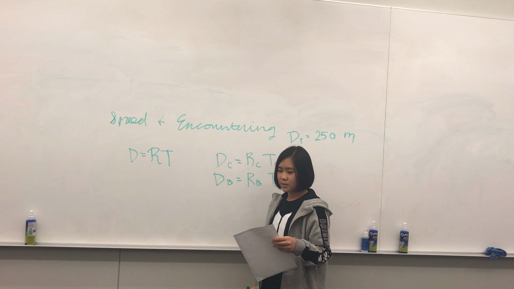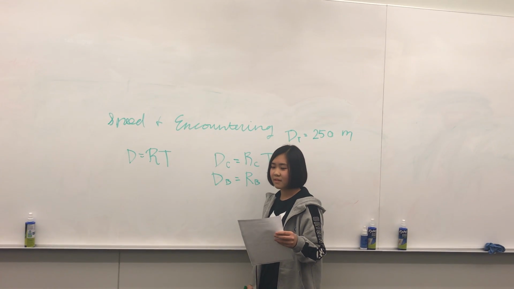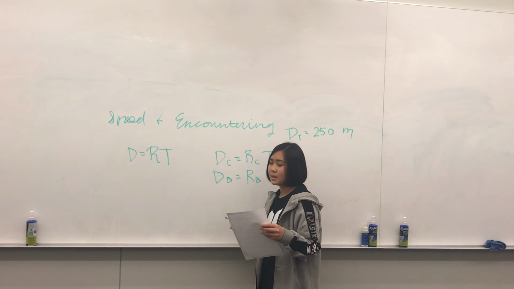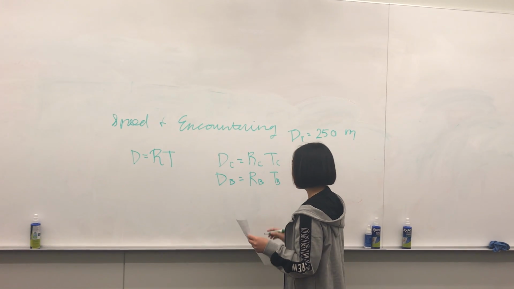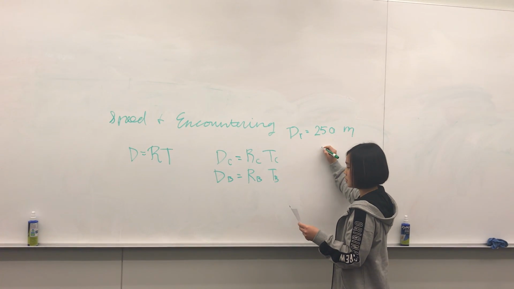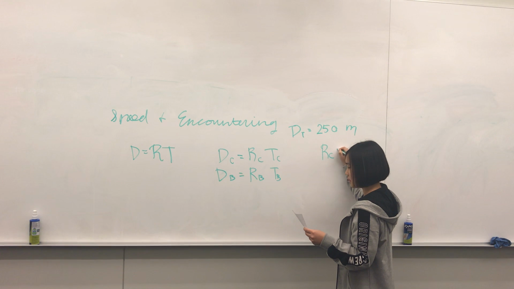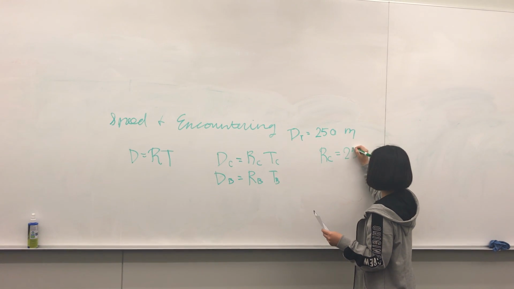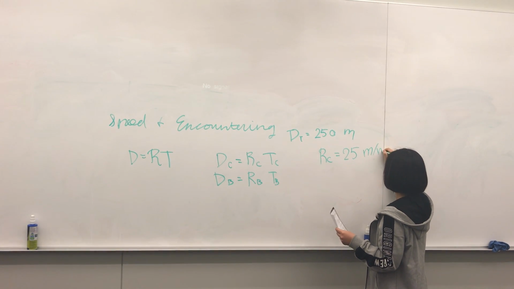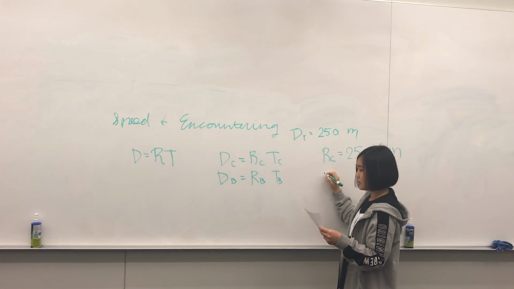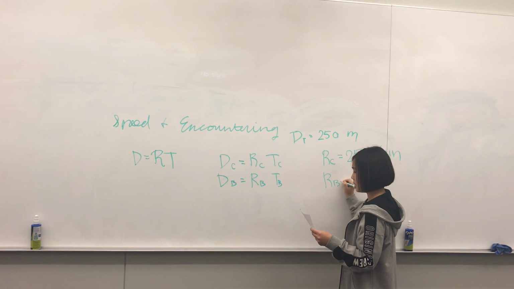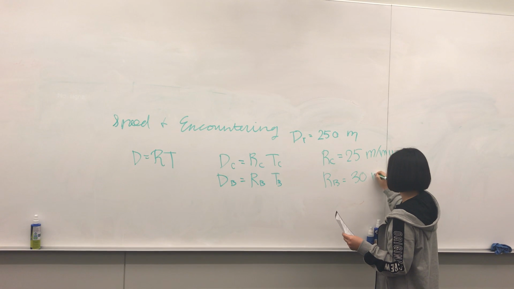And they began walking towards each other at a speed of 25 meters per minute and 30 meters per minute respectively. So the rate of Charles, we know, is 25 meters per minute. And the rate of the brother, we know, is 30 meters per minute.